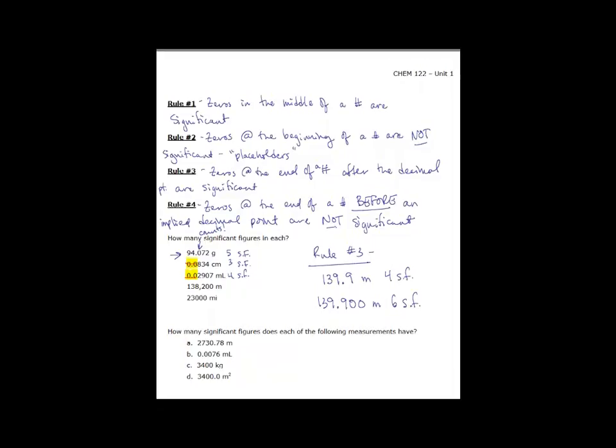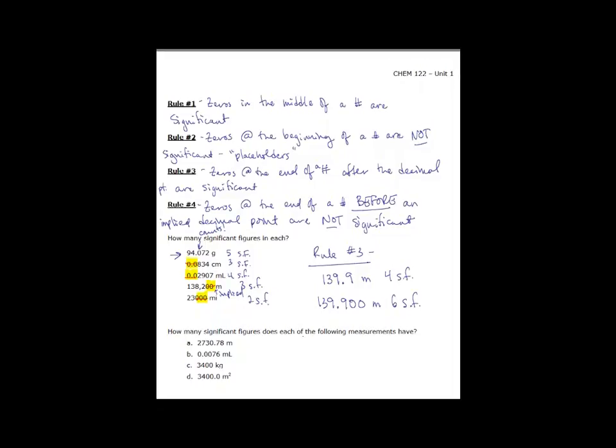There isn't an implied decimal. It's not explicitly written. So zeros at the end of a number before an implied decimal point, so this is implied, are not significant. So I'm going to highlight those. And we have it also with this number, and then cross them out because they're not significant. So that's how I came up with 3 sig figs in this number and 2 sig figs in this number.